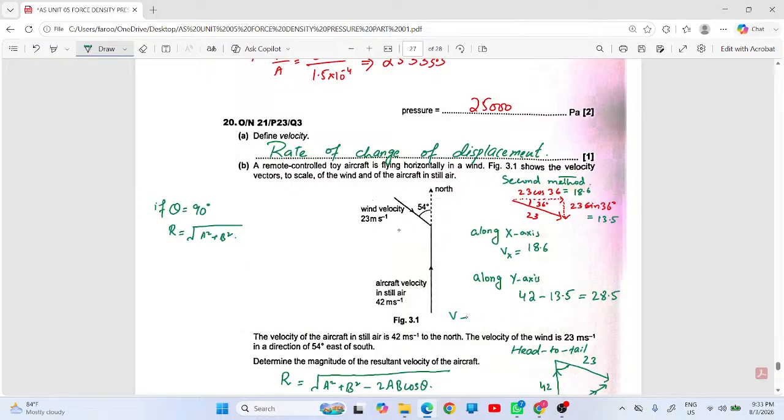Yes. Now we have to take a scale. This is the method you were mentioning. 18.6 scale plus 28.5 scale. You will get the same answer.